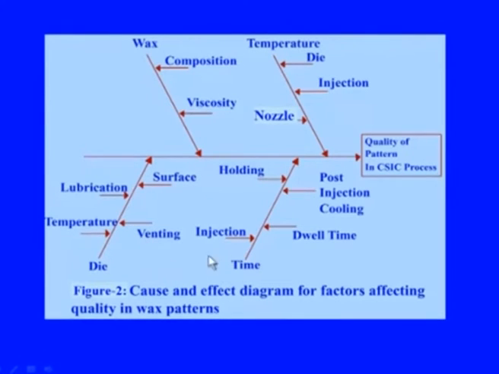Then other time based parameters, very important parameters, are injection time, then holding time of course, then post injection cooling and dwell time. These are the most important parameters that influence the quality of a product obtained by this CSIC process.